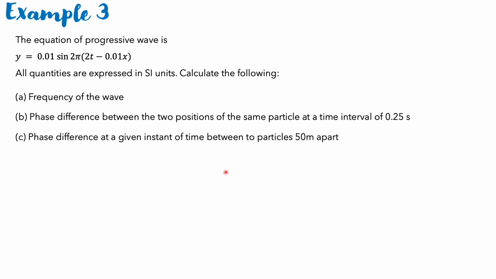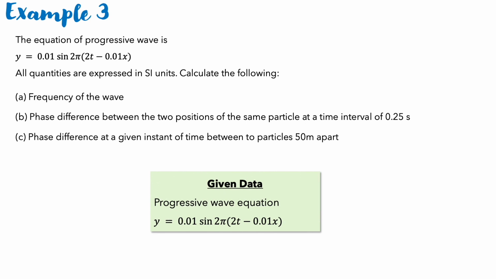At that instant, two particles which are 50 meters apart from each other, one particle is here and another particle is here. We have to find out the phase difference between those two particles. Again, we are given only the equation of the progressive wave.